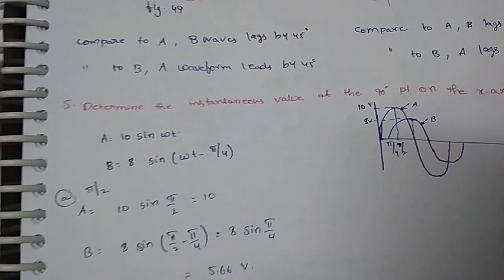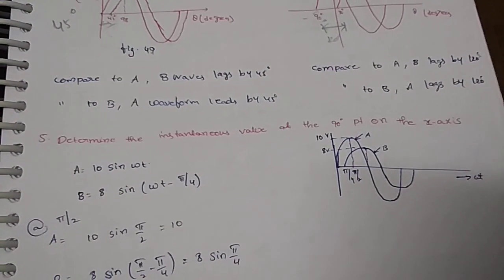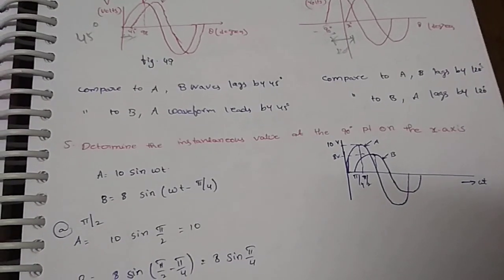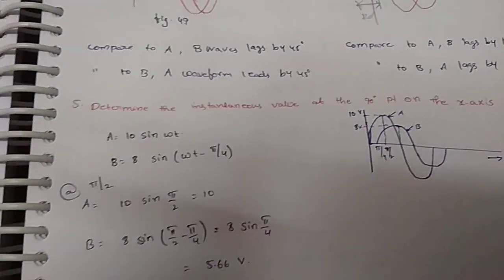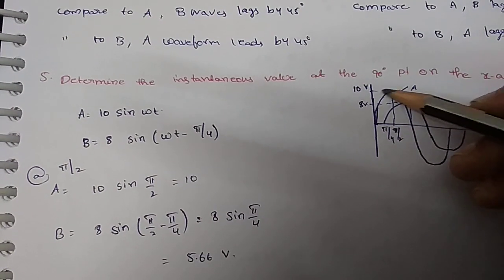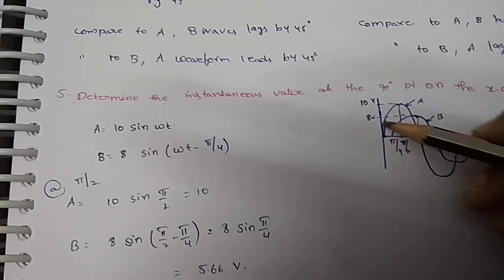Here is one more problem. They mention finding the instantaneous value at the value of pi by 2. They have given two waveforms and want the instantaneous value at 90 degrees. We already know that the maximum peak of A is 10 volts and the maximum peak of B is 5 volts.